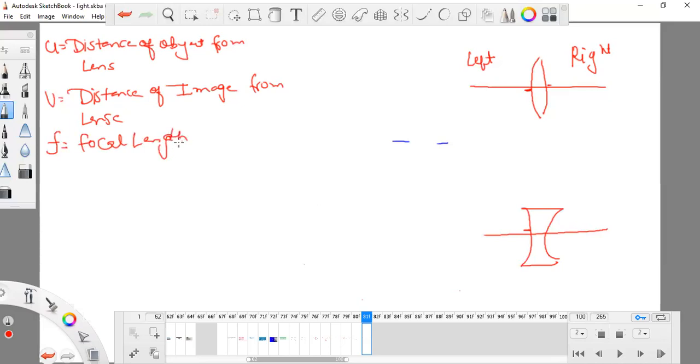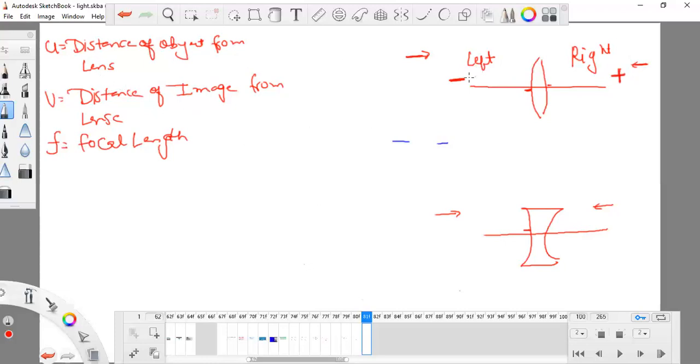Now remember one thing: U depends on whether the object is situated here or here. Where is U? If U is at the left side, all things which reside at the left are minus, and all things which reside at the right are plus.